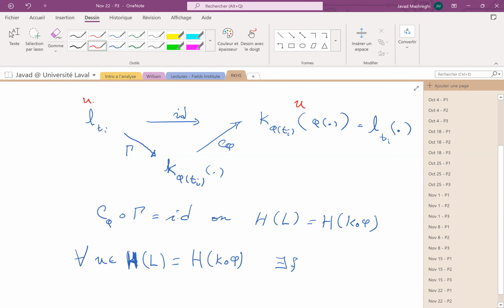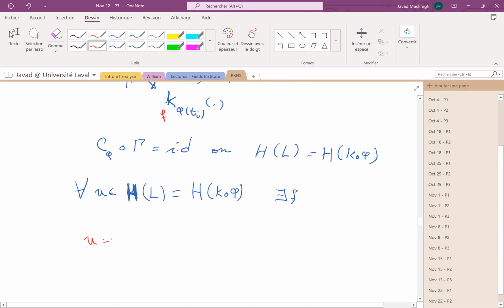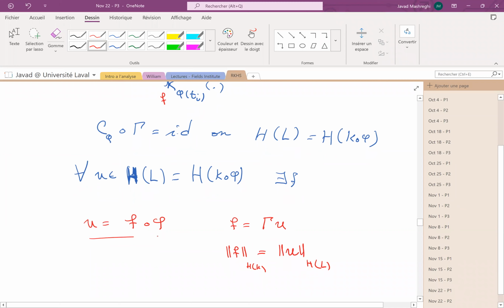So U goes to an element F here, and then composing it with phi gives you the same U that we started with. So U can be written as F composed with phi, where F is gamma of U. The good thing about this specific representation is that the norm of F is equal to the norm of U. This is in H of K, this is in H of L. So we obtain one representation for which the equality works.